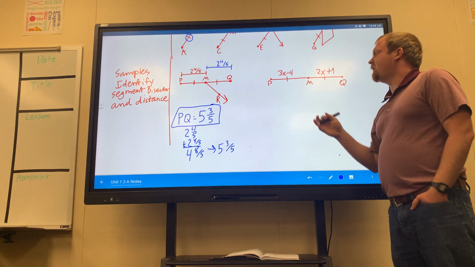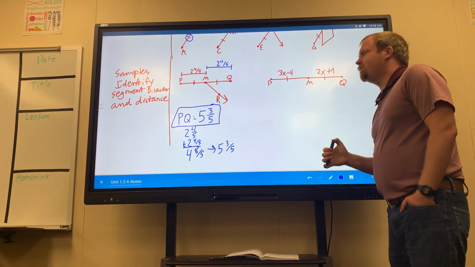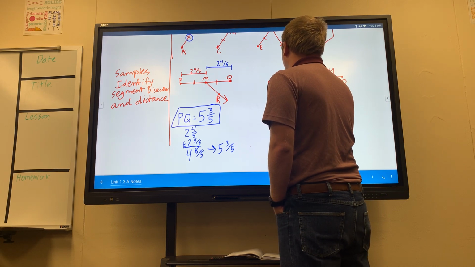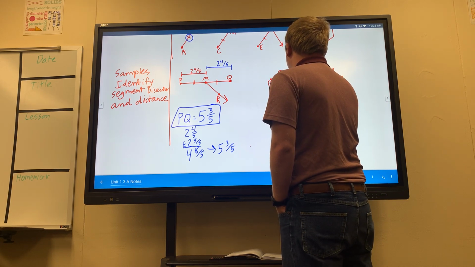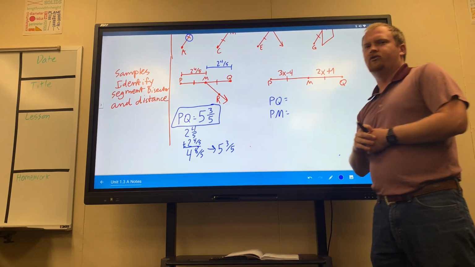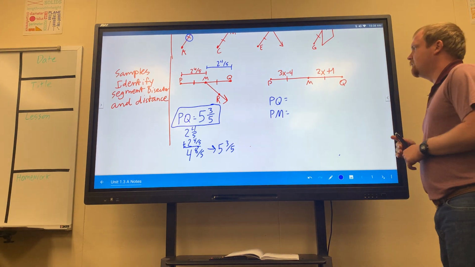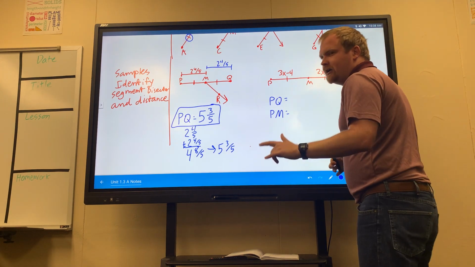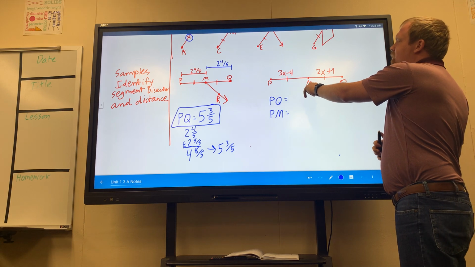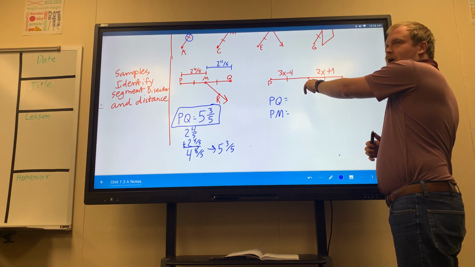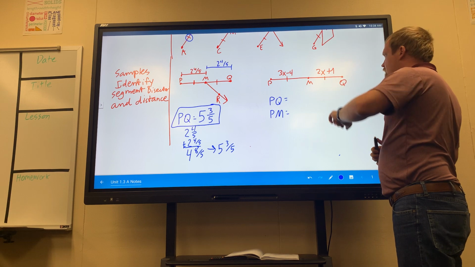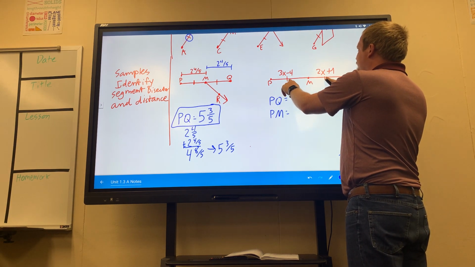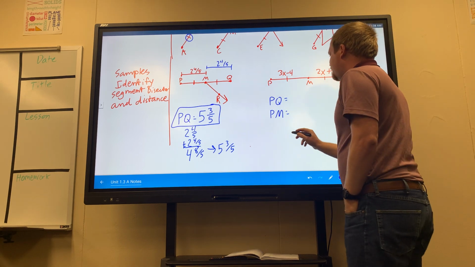Now let's look at the next one. So now let's say I want to find the distance of PQ and PM. I want to find those two distances. Well, first off, I know that if this is my midpoint right here, which by the way, a midpoint typically is going to be labeled as point M more often than not. So since I now have a midpoint M, I know that these two have to be the same. So I'm going to set them equal to each other.